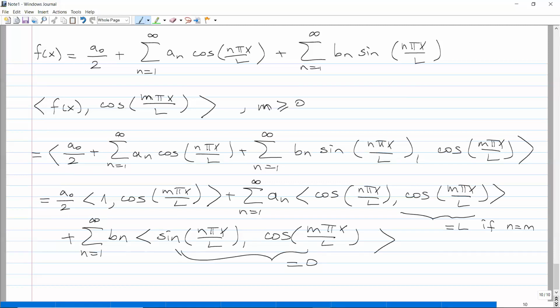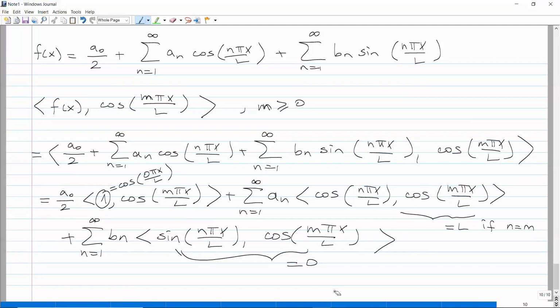So we consider the cases m is 0 or not 0. In the first inner product, this 1 we can write as cosine of 0 pi x over L. So for this inner product, when m is 0, we get 2L.